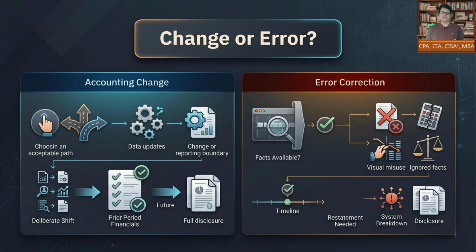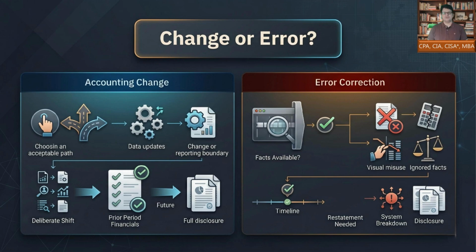Now let us separate accounting change from error correction. This distinction is essential. An accounting change is a permitted update. The prior financial statements were not necessarily wrong. For example, a company may adopt a preferable acceptable method, revise a reasonable estimate after new information, or change the reporting entity presentation.